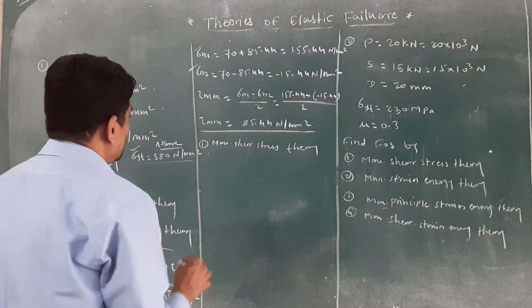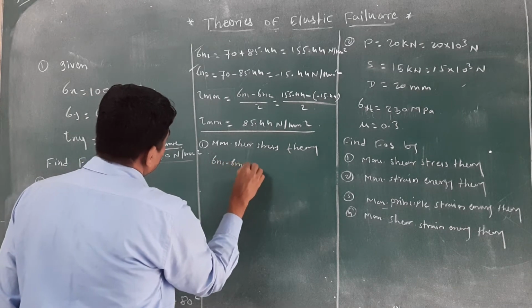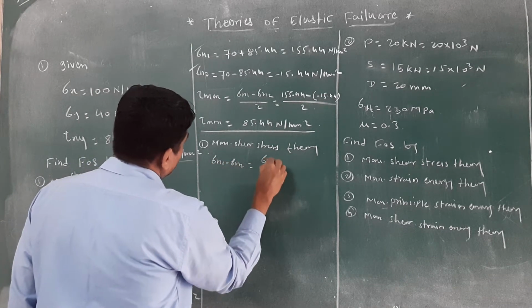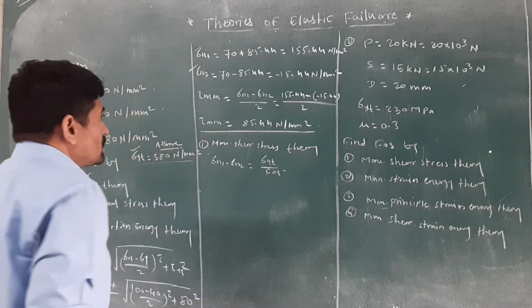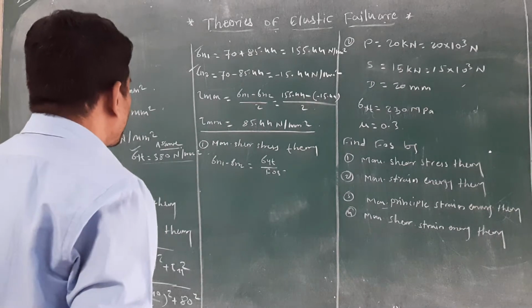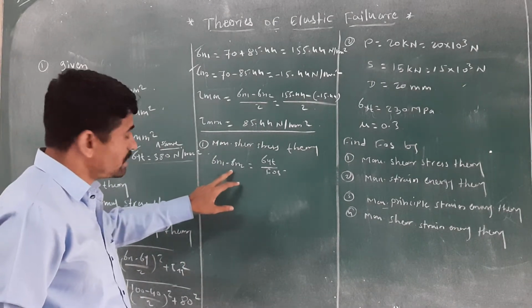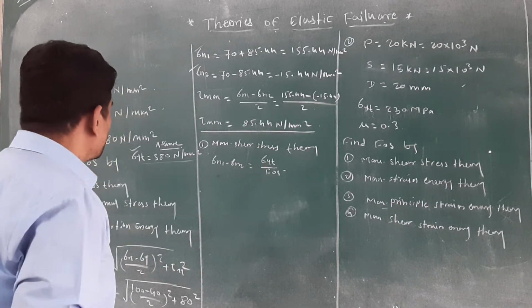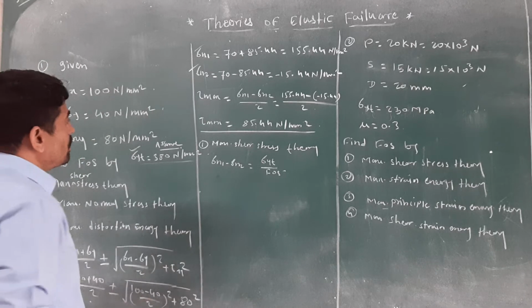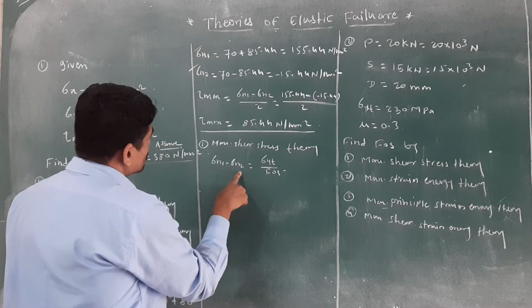First is, I will write sigma n1 minus sigma n2 is equal to sigma yt divided by factor of safety. Remember this formula. We want to calculate the factor of safety. And how to calculate? We know that sigma n1 minus sigma n2.